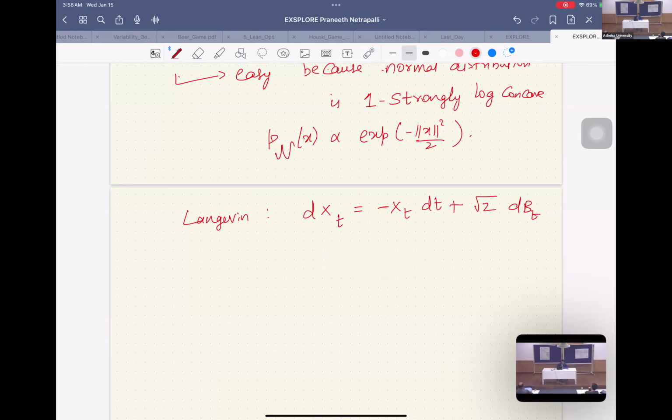Now, what we want to do is use this process to learn things which will enable us to reverse this process. Because we know that the forward process has fast convergence, we know that the reverse process will also have fast convergence.